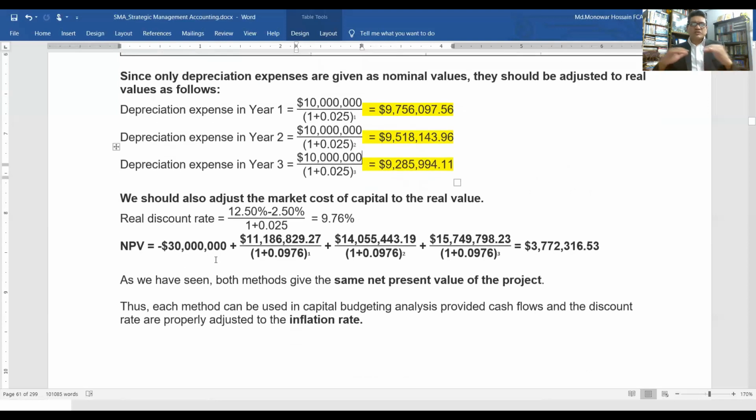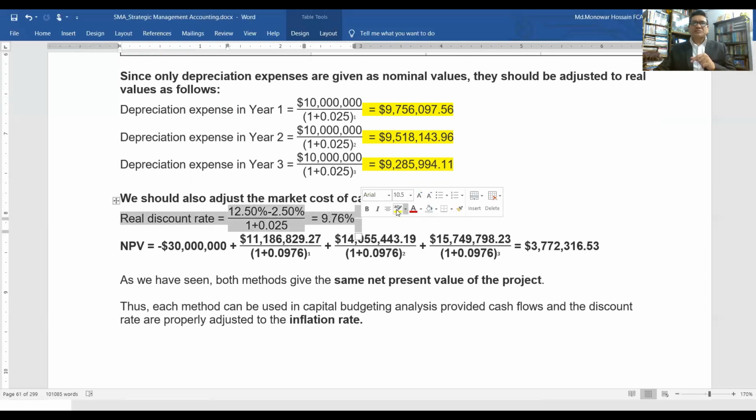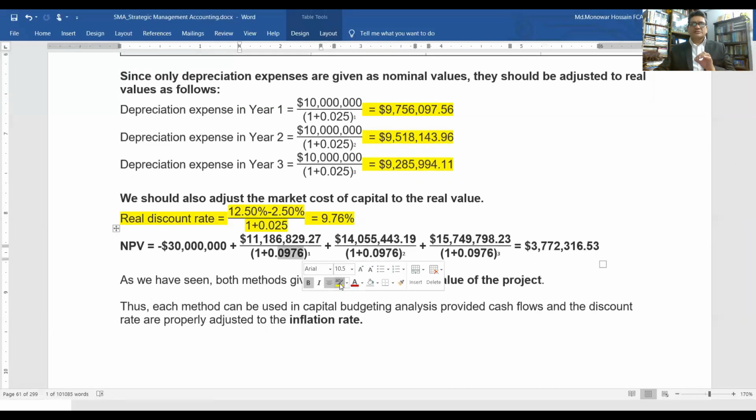So we should also adjust the market cost of capital to the real value. So real discount rate is 12.5% minus inflation rate 2.5%, divided by 1 plus 0.025. It comes to a real discount rate of 9.76%. So this 9.76% is here, 1 plus 9.76%.